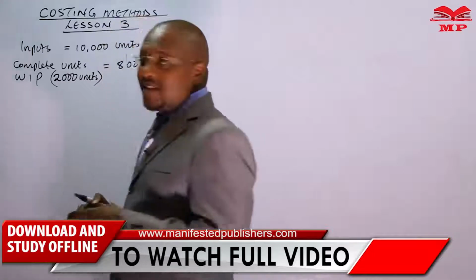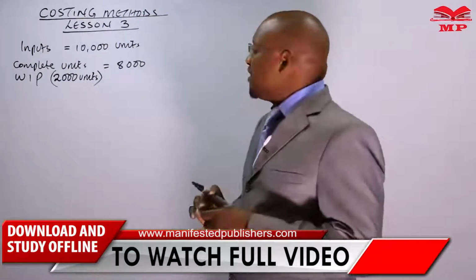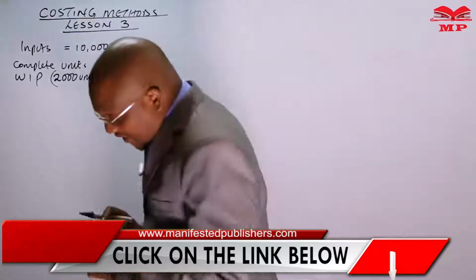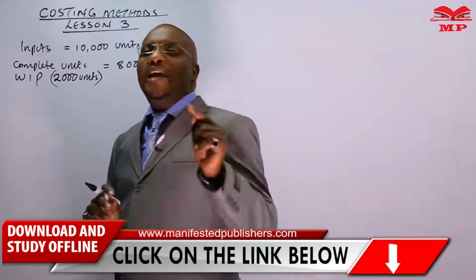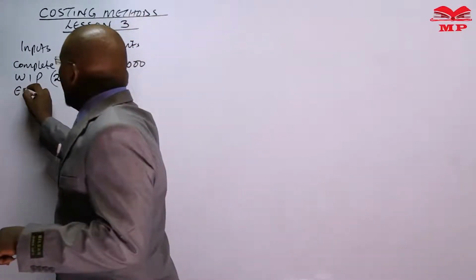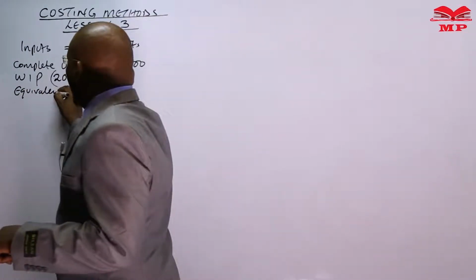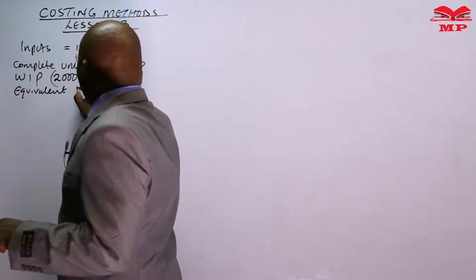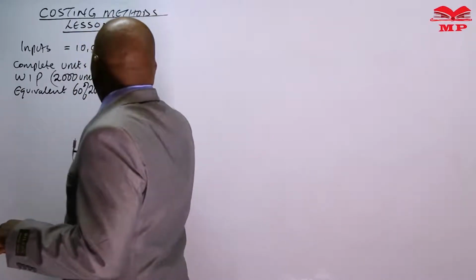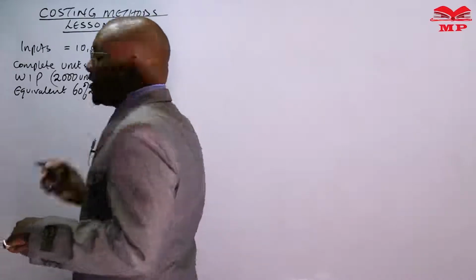Instead of using the 2,000 units, since they have been completed 60%, we take the equivalent units to be 60% of 2,000, which is 1,200.